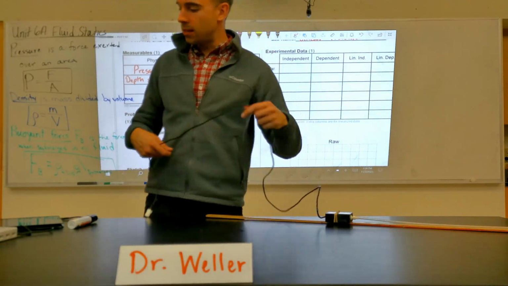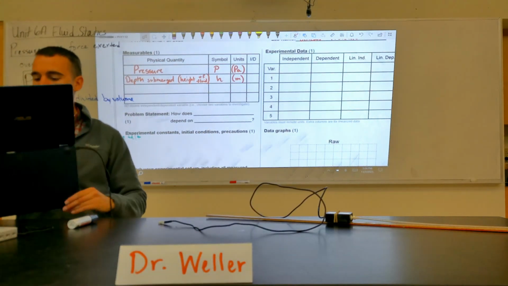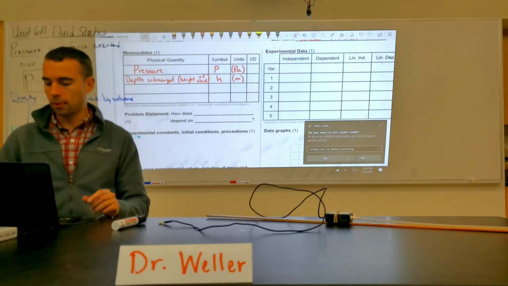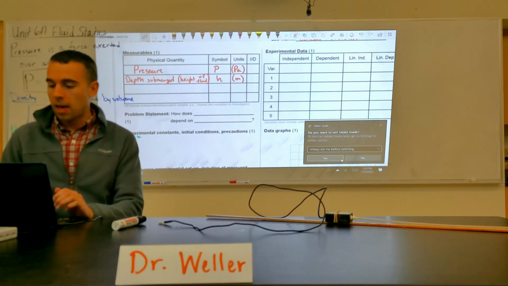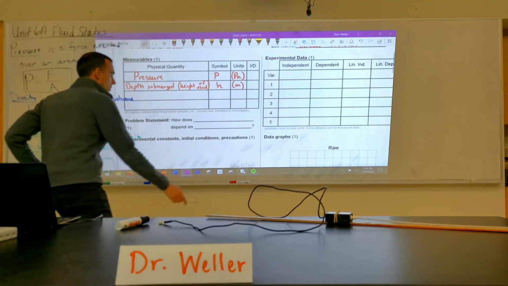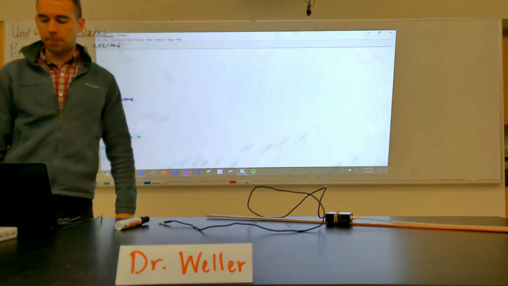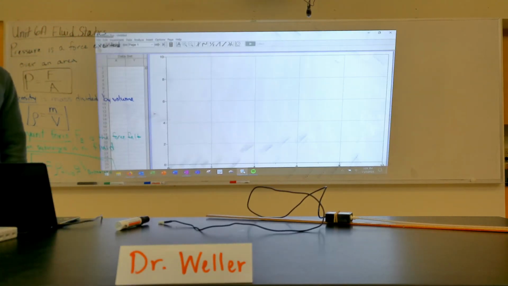I need everybody to open up your computer, close anything that may have been on there previously, and then go find Logger Pro at the bottom. It's the one with the little calipers and the graph. Click it so that it opens up to this menu.